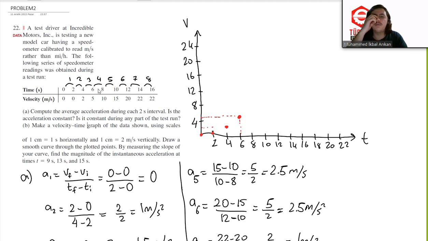Okay, what about the fifth one? When time equals 8, our velocity will be 10. So I will be here. So this is our fifth point. When time equals 10, our velocity is 15, right? So I'm just here.